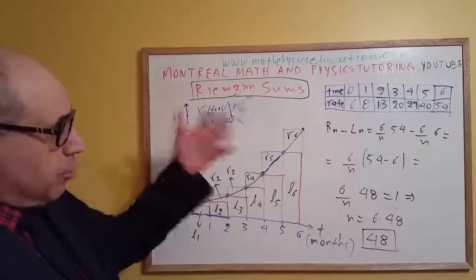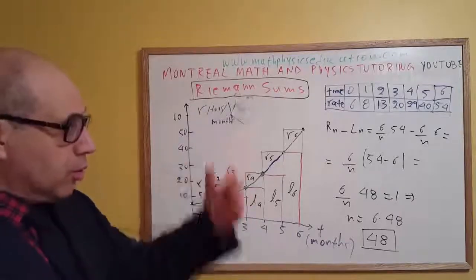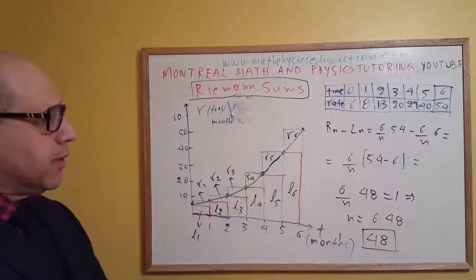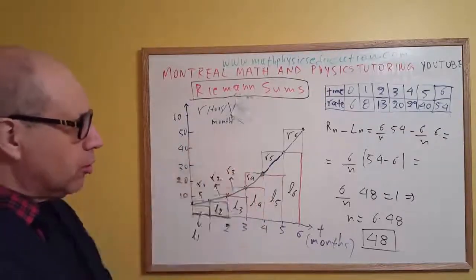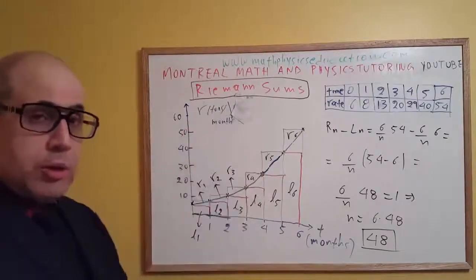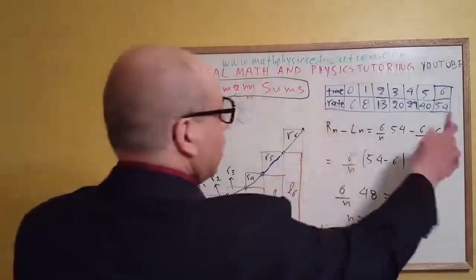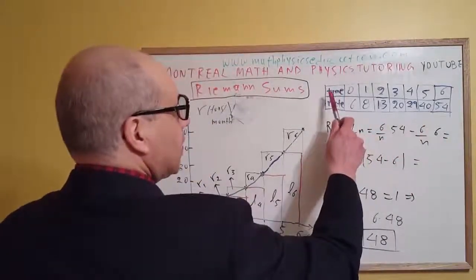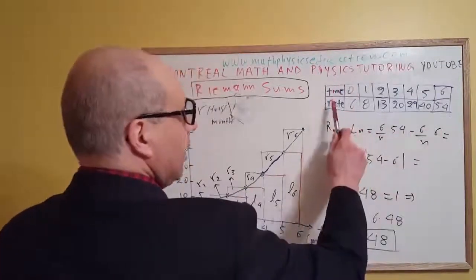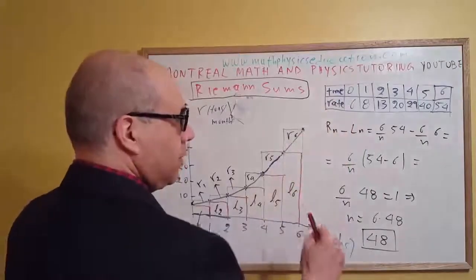This equipment is there to reduce the pollutants that go out of the factory. As the efficiency of the equipment goes down, more and more pollutants will be going out of the factory. And this table here gives us the time in months and the rate in tons per month that we measure at the beginning of each month.